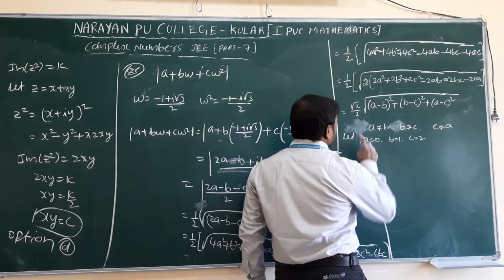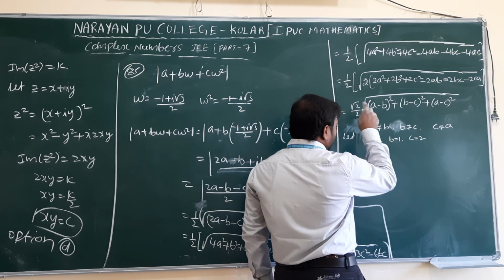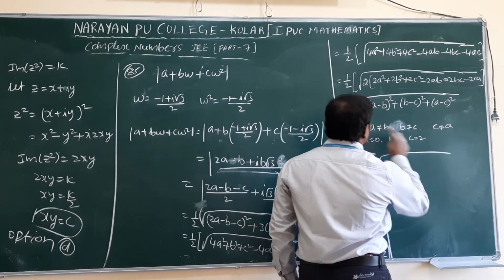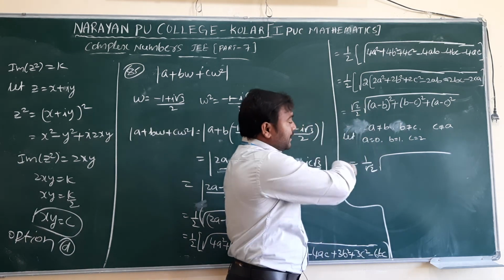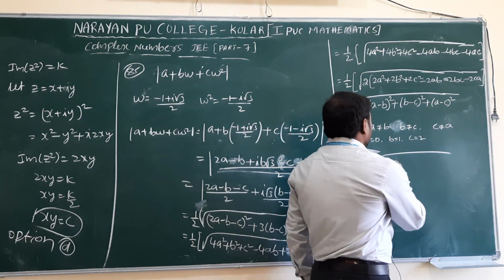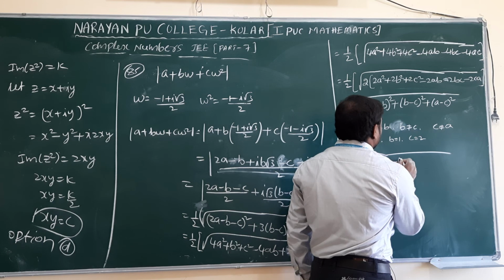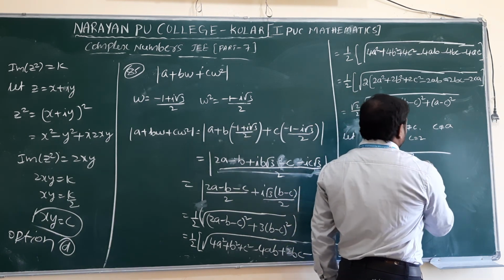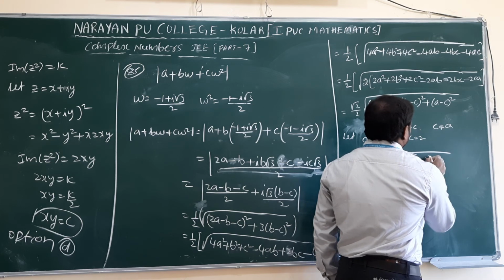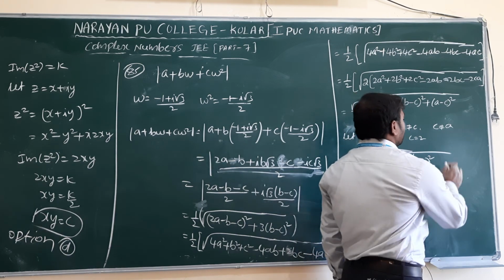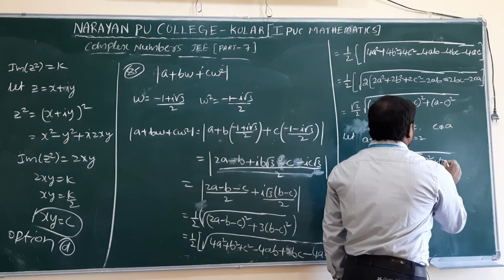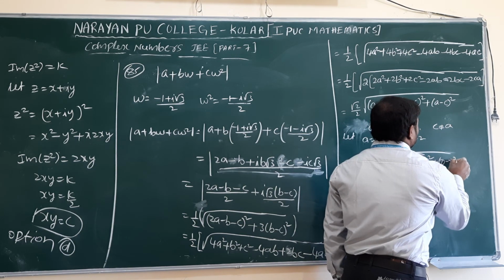Here it can be written as 1/√2 square root of (a - b) whole square plus (b - c) whole square plus (a - c) whole square.